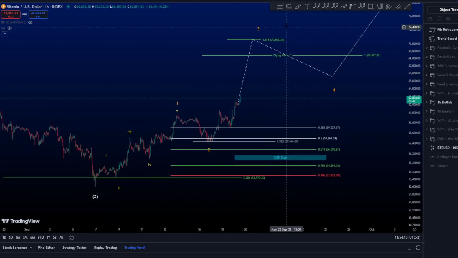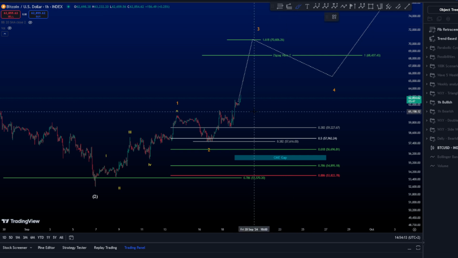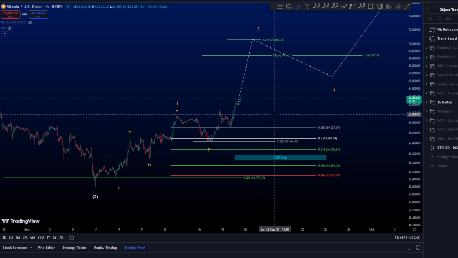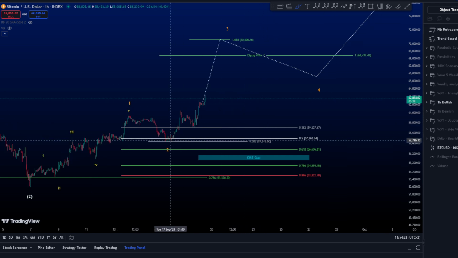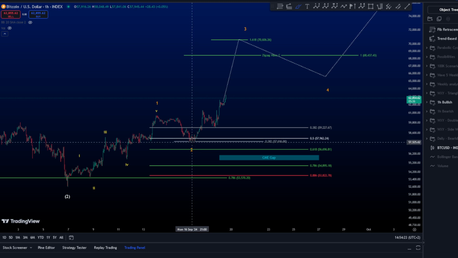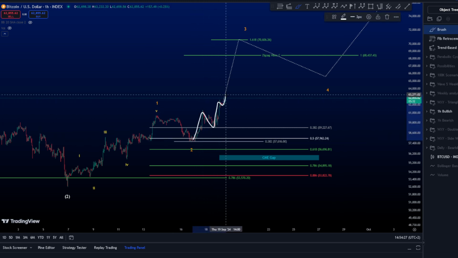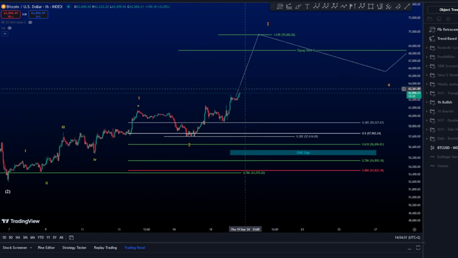I just want to mention one more scenario that might happen in case we see a little bit of reversal or downside, just to let you know. Now when I look at this, I see almost a formation of a diagonal, and I start to see some rejection.